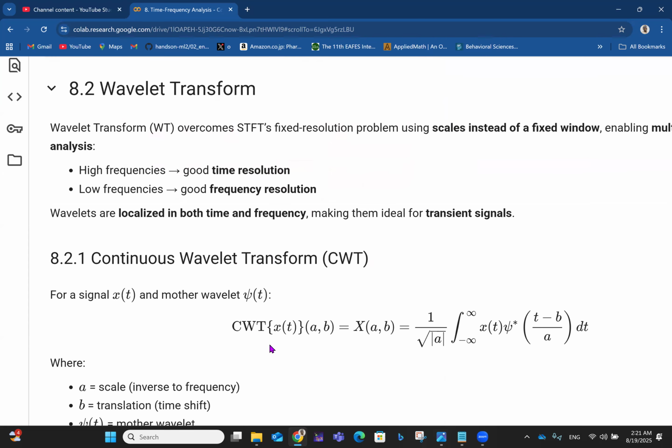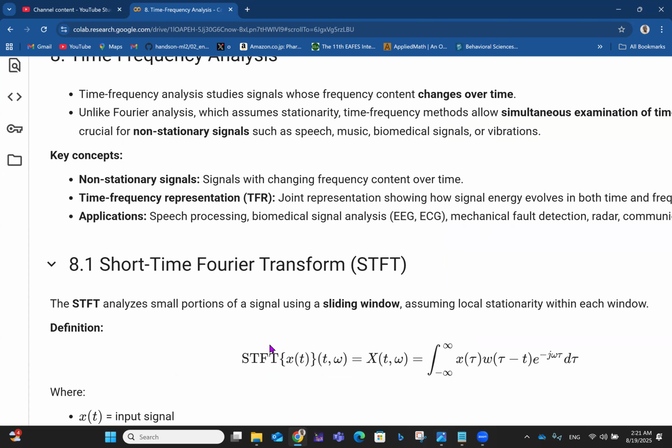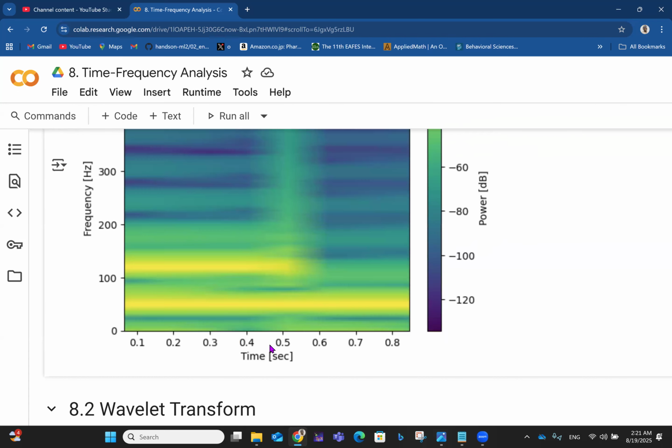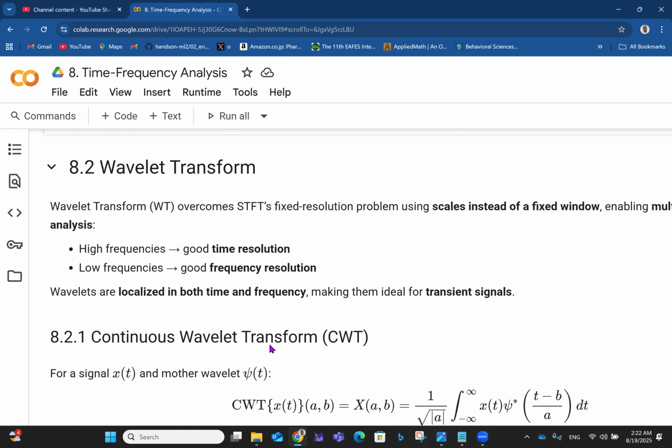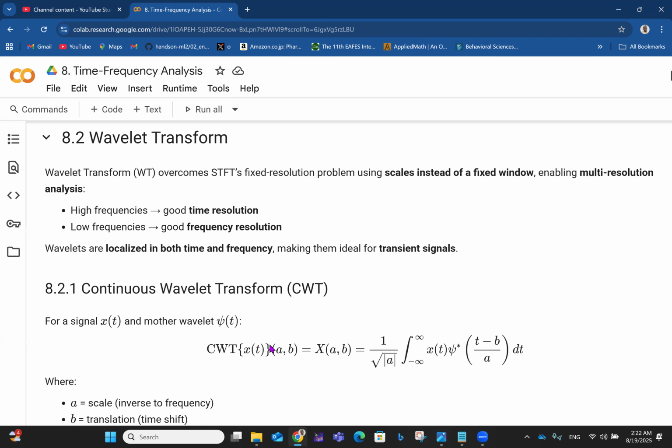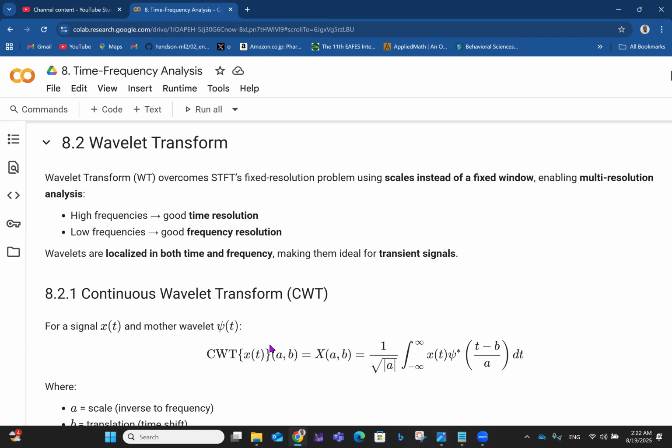So for time-frequency analysis, I think there are two key things: the STFT, the short-time Fourier transform, and the wavelet transform. There are all kinds of wavelets. The wavelet transform overcomes the STFT's fixed resolution problem by using scales instead of a fixed window, enabling multi-resolution analysis.